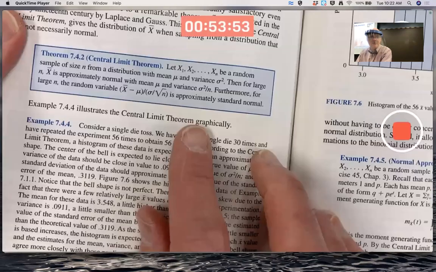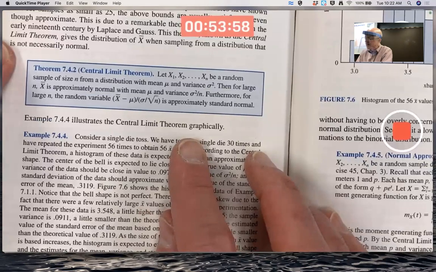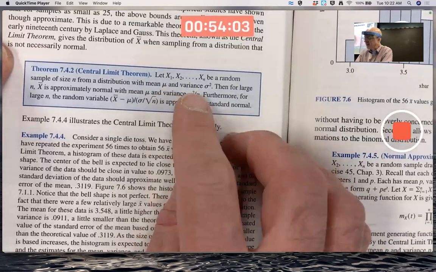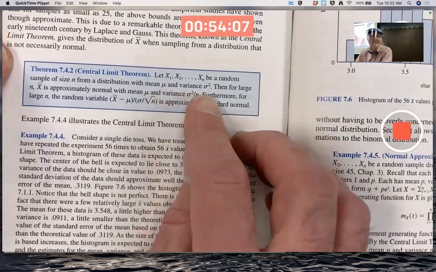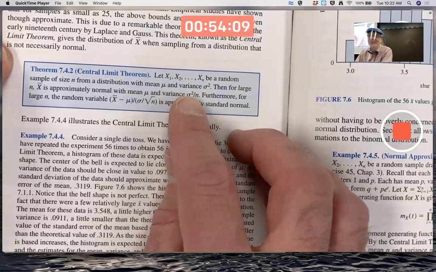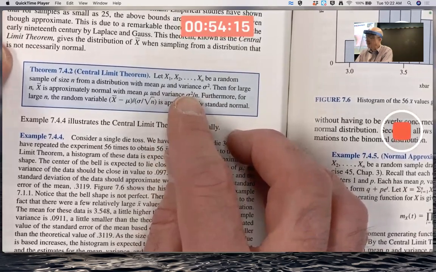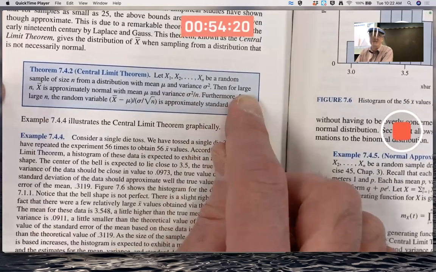Coming back to the central limit theorem, we're assuming the background distribution that we're taking the random sample from has a finite mean mu and a finite variance sigma squared. It's implicitly assuming that those exist. In the continuous case, that the corresponding possibly improper integrals converge. Then for large n, the word large is vague.